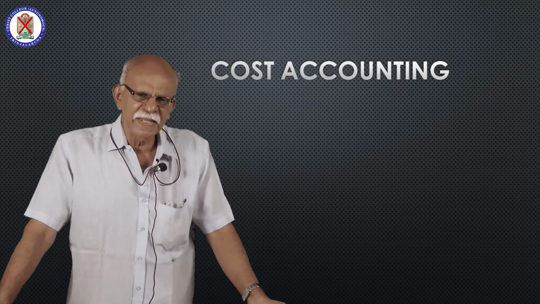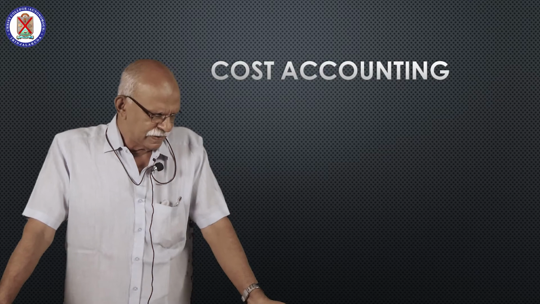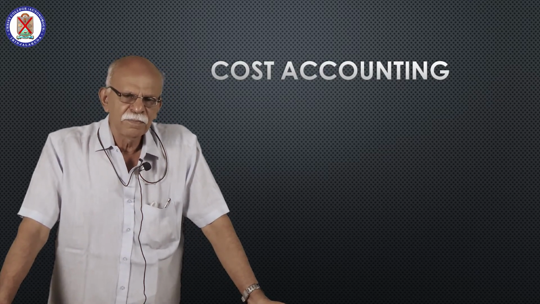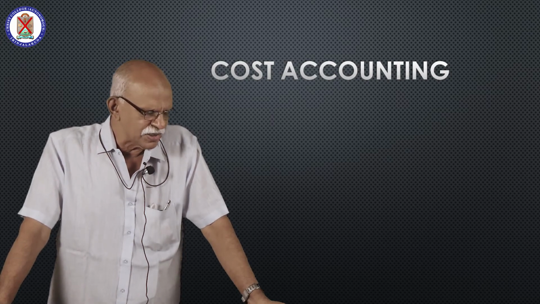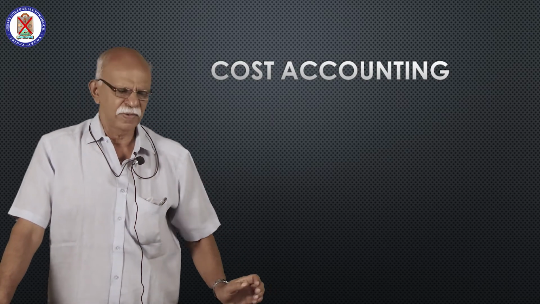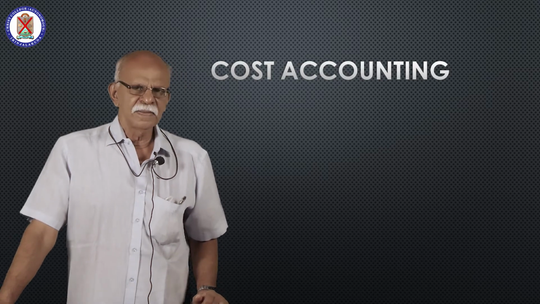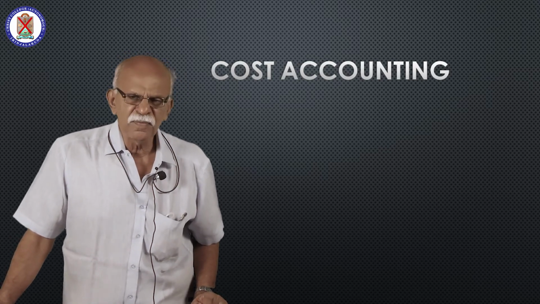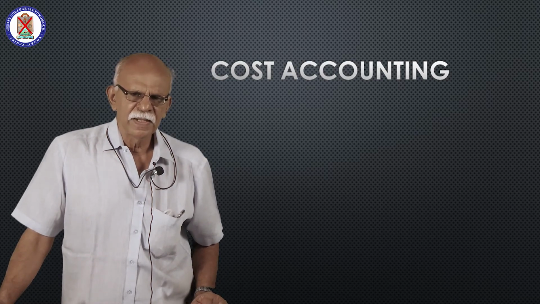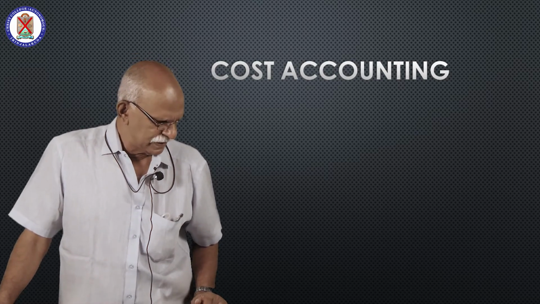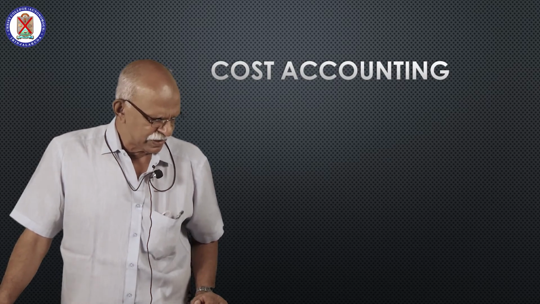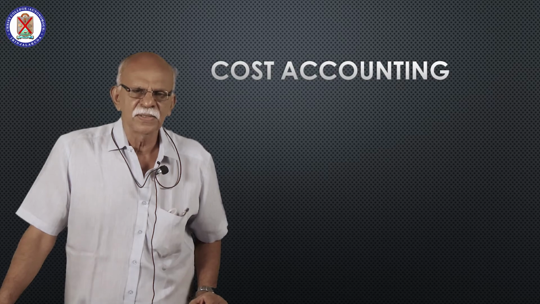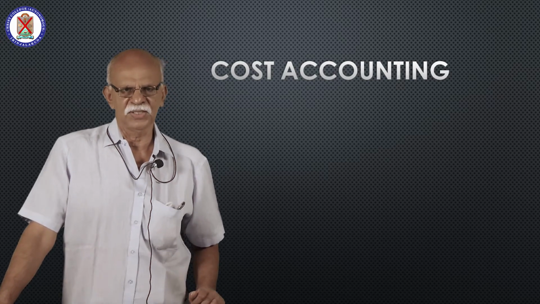Depreciation of office building, furniture and fixtures used in office, they are charged to administration overheads. Then depreciation on showroom, warehouse, delivery van, delivery vehicles, etc. They are charged to selling and distribution overheads.